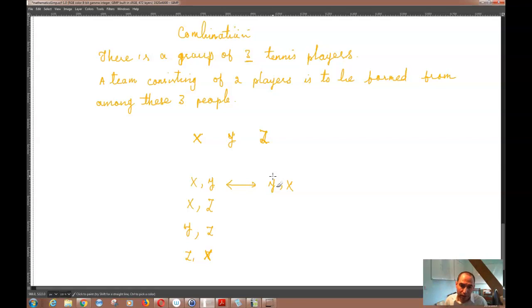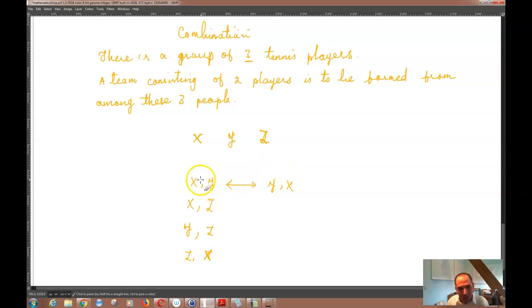So in cases where the order is not important, what we do is that we just simply forget about all of these different ways of selecting the same objects in different orders.